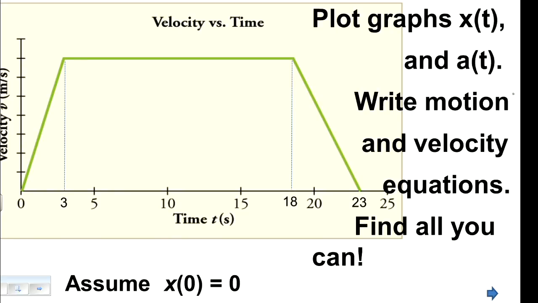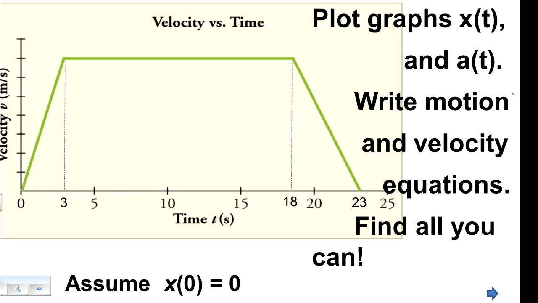Graph. How do we use graphs? Well, this is an example for the velocity graph. First, we need to read it. What is happening? Well, the motion starts from the origin, and from the origin, it starts moving either to the right or to the left.